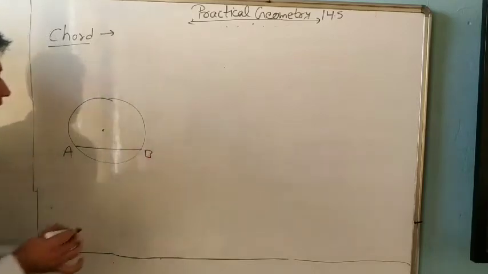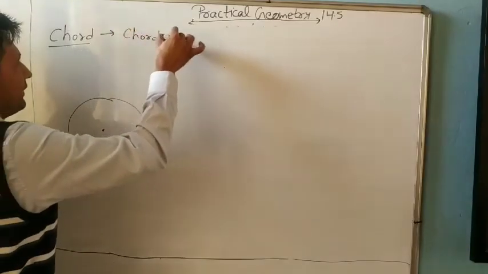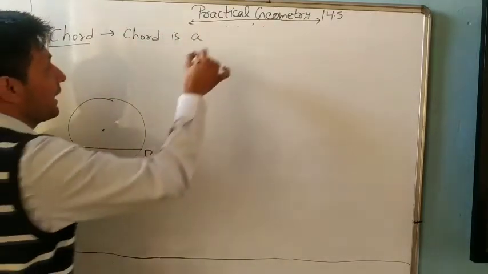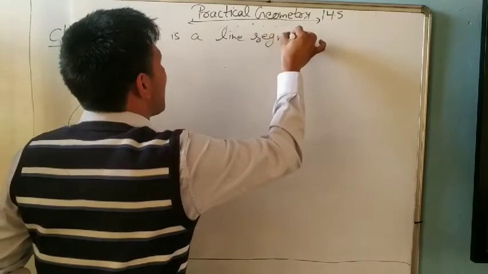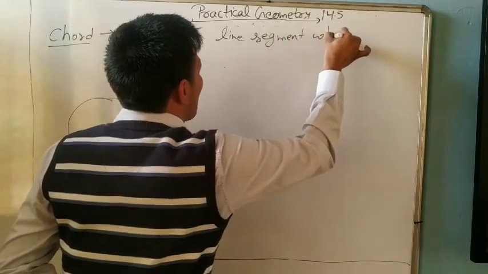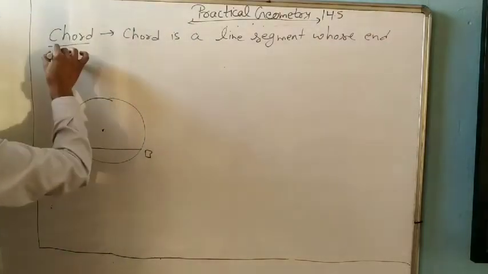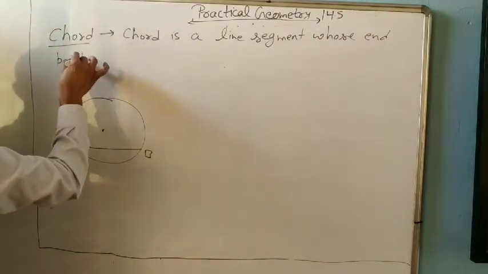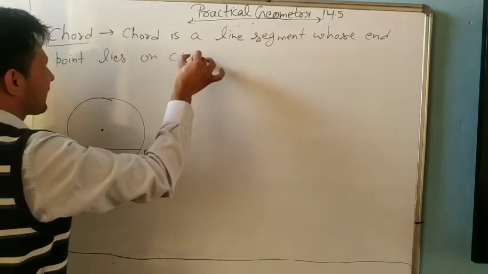So what is AB? A chord is a line segment whose end points lie on the circle.